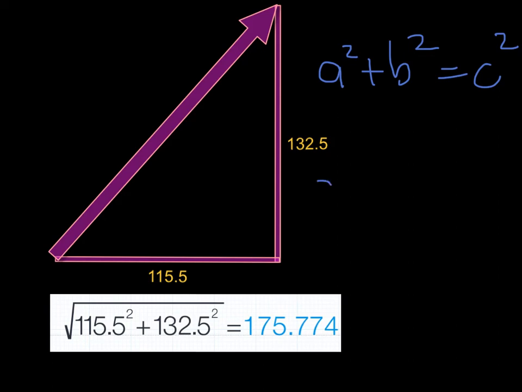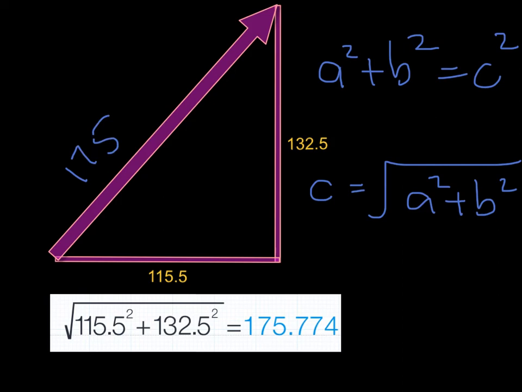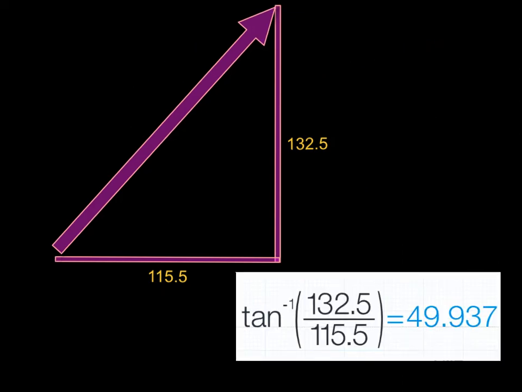And so the hypotenuse length is the square root of that sum. So we will square the horizontal and vertical components, add them together, take the square root, and obtain the magnitude of the resultant vector, 175.8 amps. So we know that the magnitude of our resultant vector is 175.8 amps.